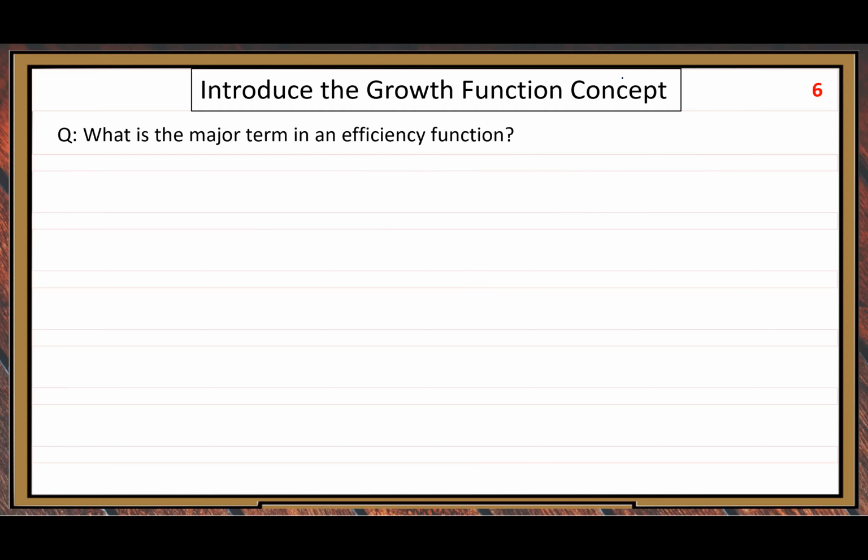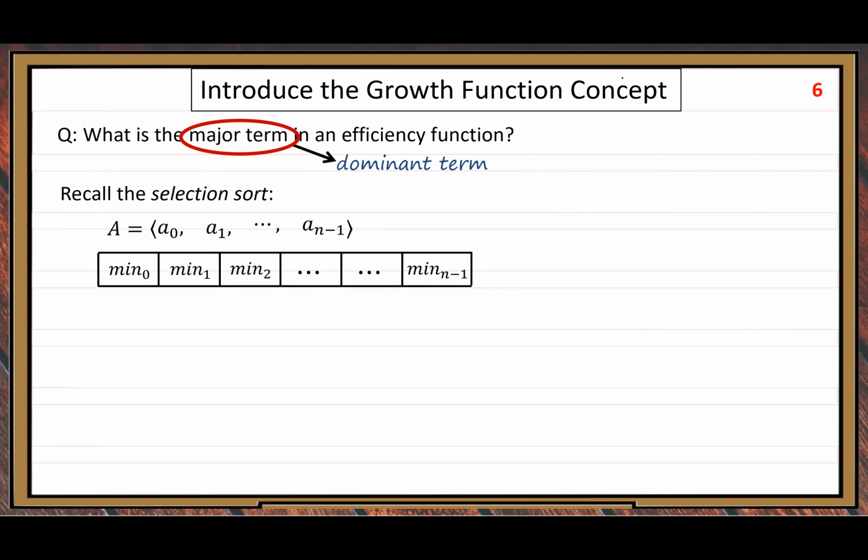Major terms, minor terms, we need to see that. Last time we saw this concept, the dominant term, or leading term. There is one term whose value is much higher than those of all other terms. Let's revisit the selection sort.